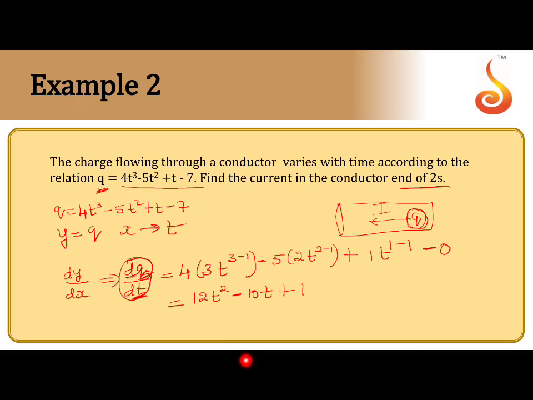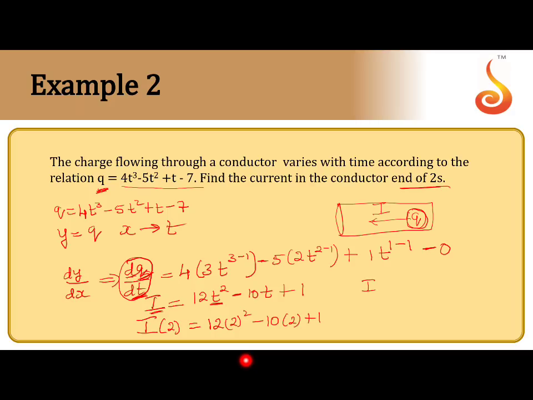dQ by dt is nothing but the rate of flow of charge. It is called current. This is the current when the time equals t seconds. What is the current when the time equals 2 seconds? 12 into 2 square minus 10 into 2 plus 1.